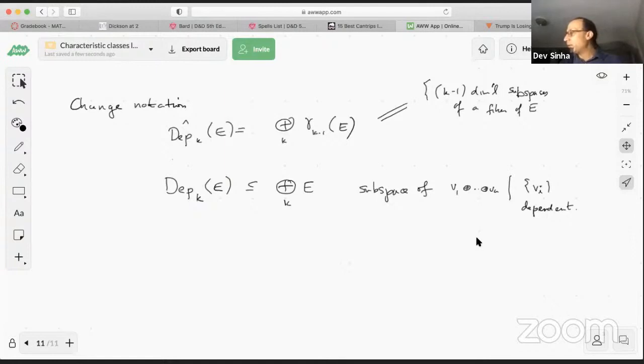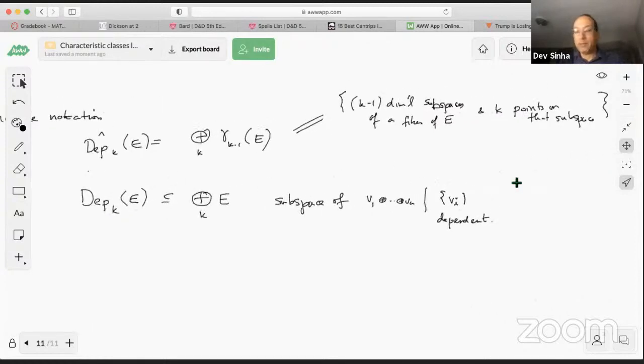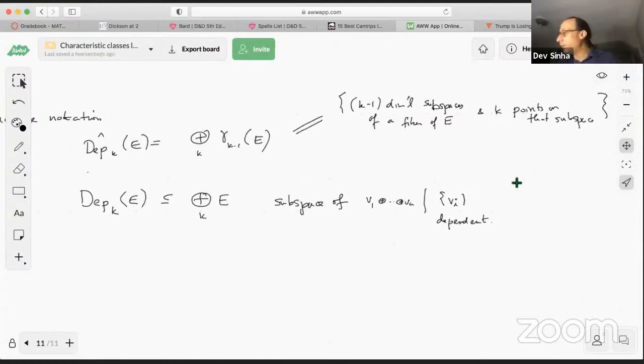We topologize that as we did last time, and then k points on that subspace. And of course, if I have k points on a k-1 dimensional object, that is going to be a dependent set. And so there's a map this way.